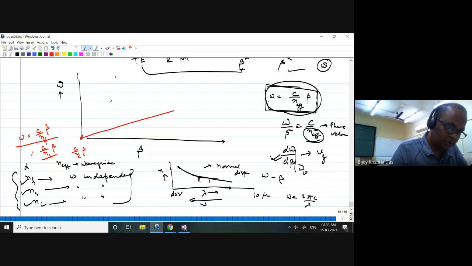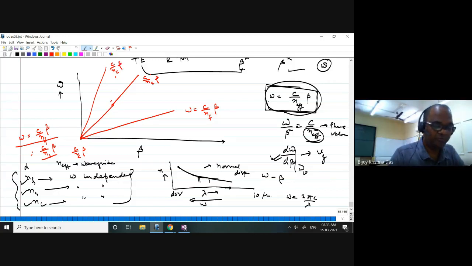So this is your omega equal to C by NF beta, then this is your C by NS beta, and then maybe this one will be your C by NC beta.